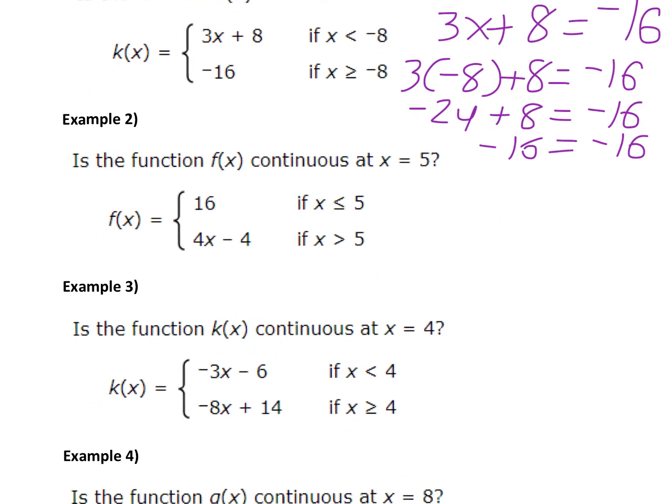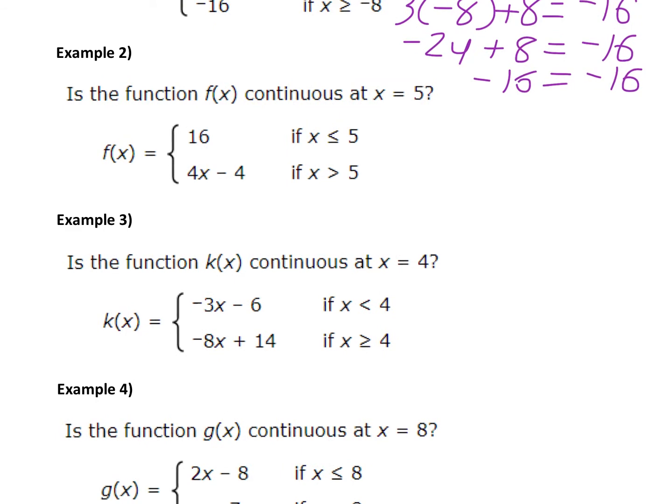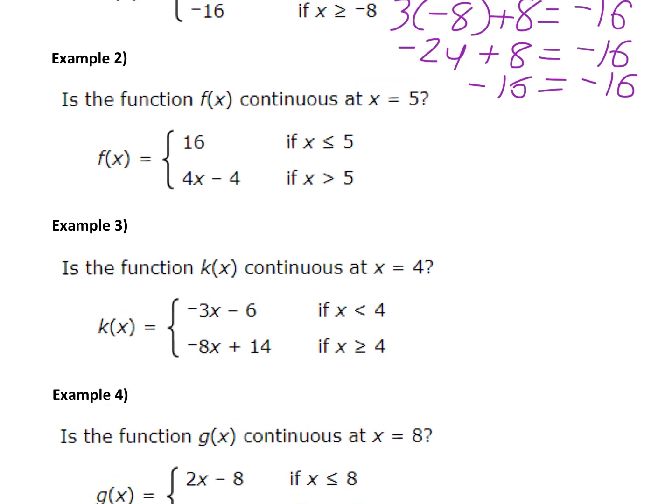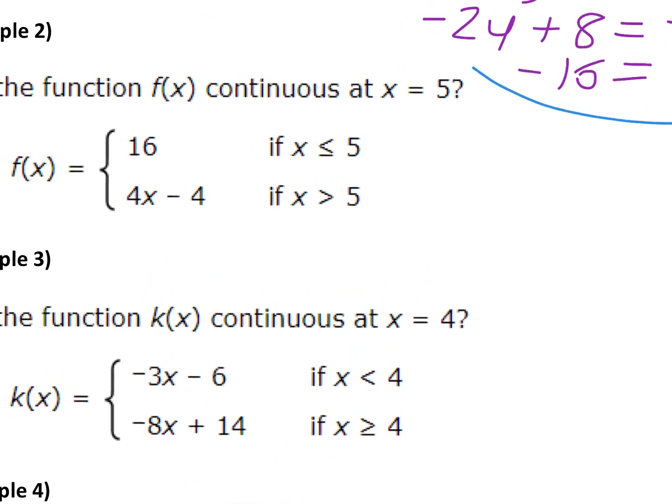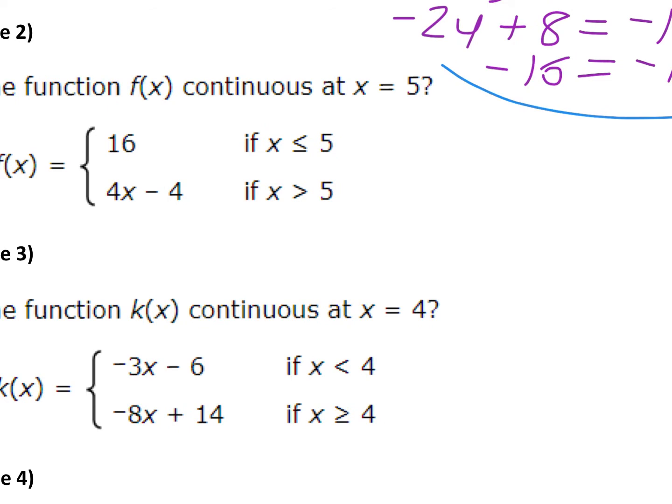Let's take a look at another function. Example 2. We'll use a different color so we don't get them confused. Number 2, is the function f of x continuous at x equals 5? So, once more, we've got our top and our bottom. But just like before, one of our equations doesn't have any x values, and that's okay. We're still going to write this out as if testing to see if they're equal.